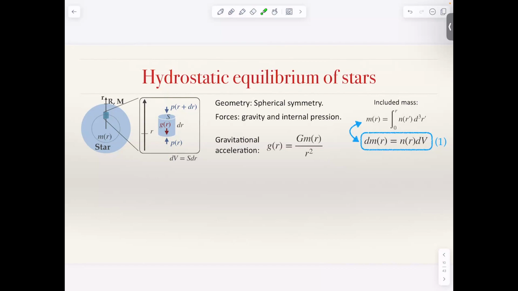So these are the external forces, but my small volume has a weight, and this weight is in the gravitational field, and I can express it in Newtonian physics with this quantity g of r, which is related to the gravity constant times the mass over the radial coordinate squared.